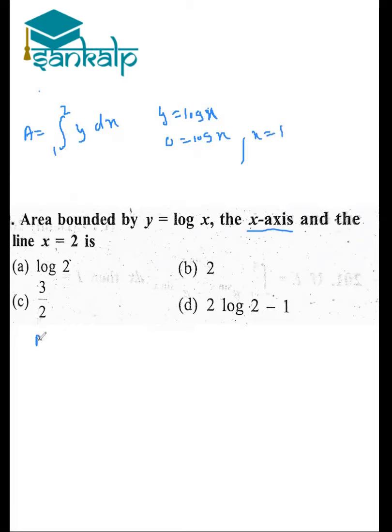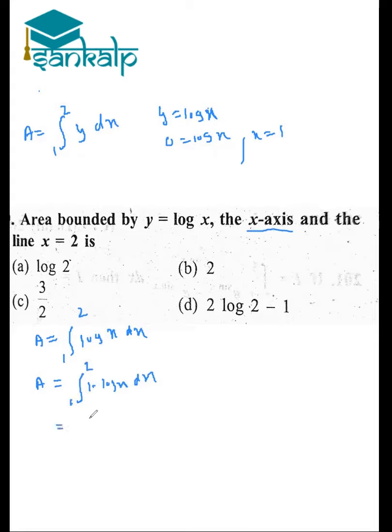Substituting the value of y in the equation, we get the integral from 1 to 2 of log x dx. The integration we apply by parts, that is the integral of 1 into log x dx from 1 to 2.